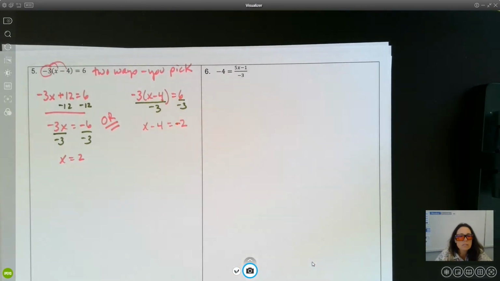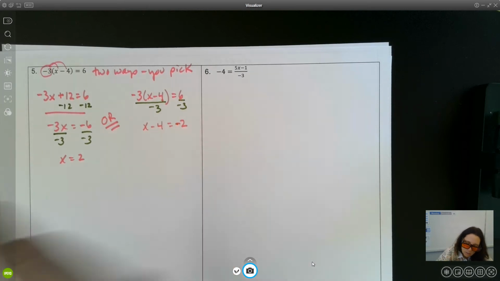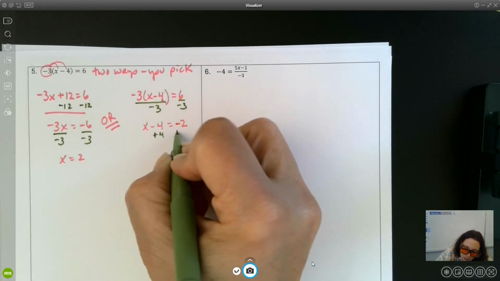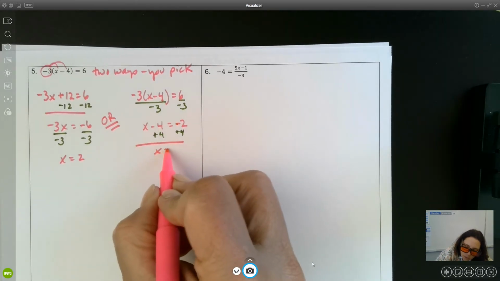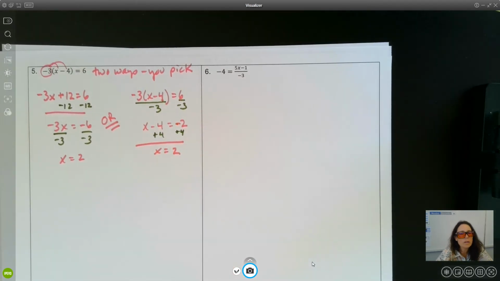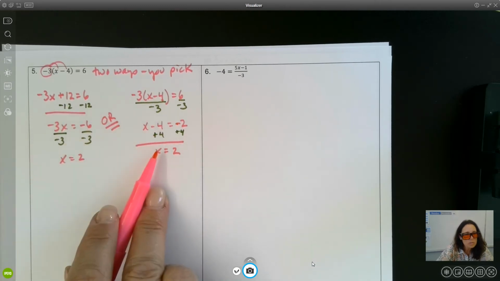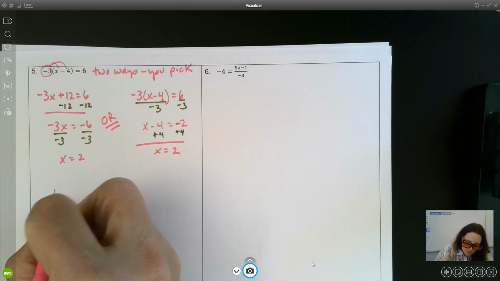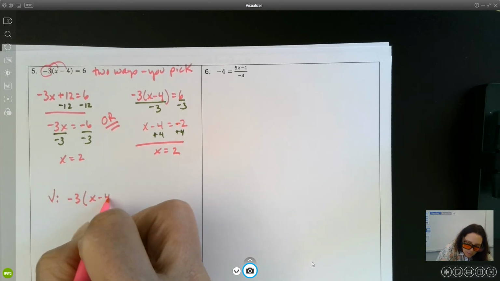Looks like a dot. And then wouldn't I add 4? Negative 2 plus 4 is 2. So I get the same answer, but different routes. The check on this is going to be the same no matter which route you took. I rewrite the equation.